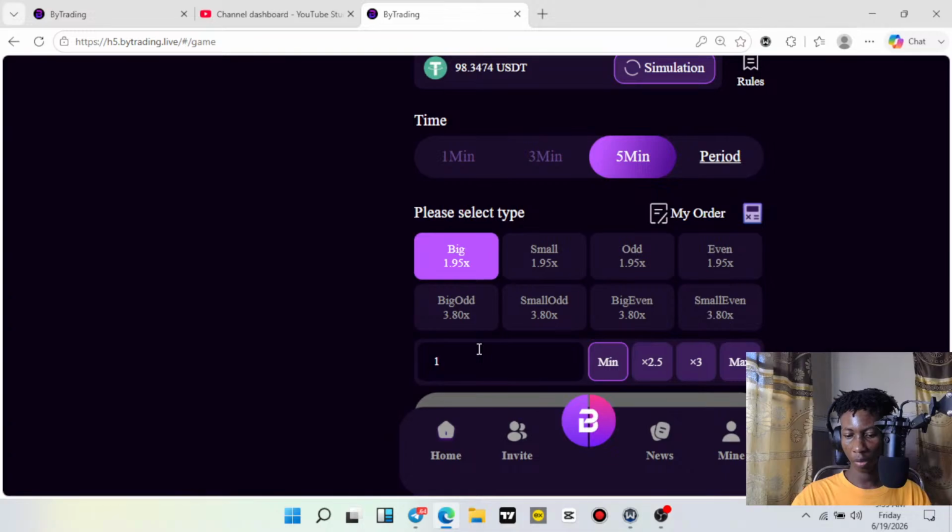Yes, the deposit method is only USDT, no other method. But if you're already in my WhatsApp community, you can reach out to me about that. It's only USDT.